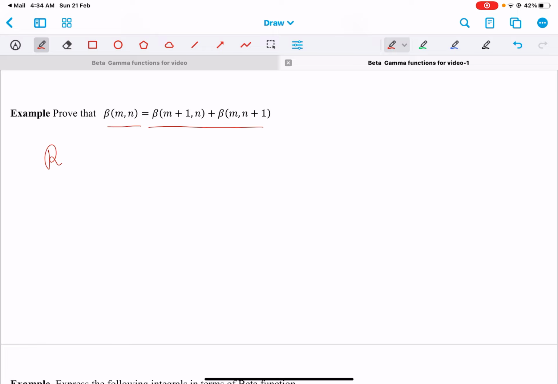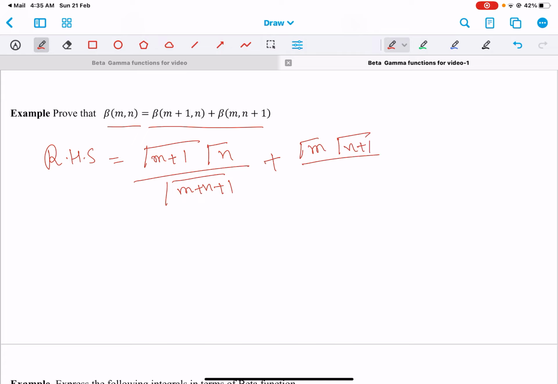So taking up the right hand side, I get gamma m plus 1 into gamma n upon gamma m plus n plus 1, using the beta gamma relation, plus gamma m into gamma n plus 1 upon gamma m plus n plus 1. So the denominator is common.